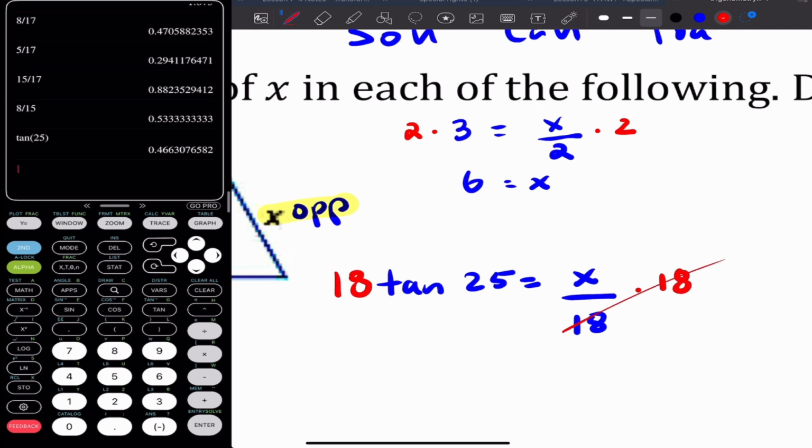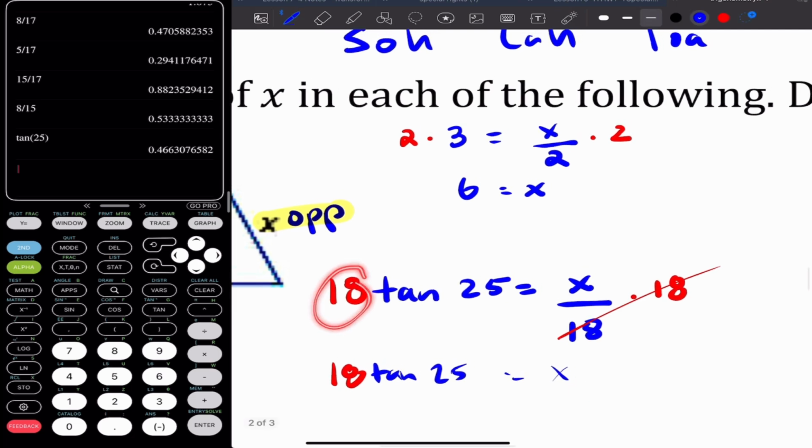So these will go away. So I have 18 tan of 25 is equal to x. So then I know what x is equal to because it's 18 times this number here.